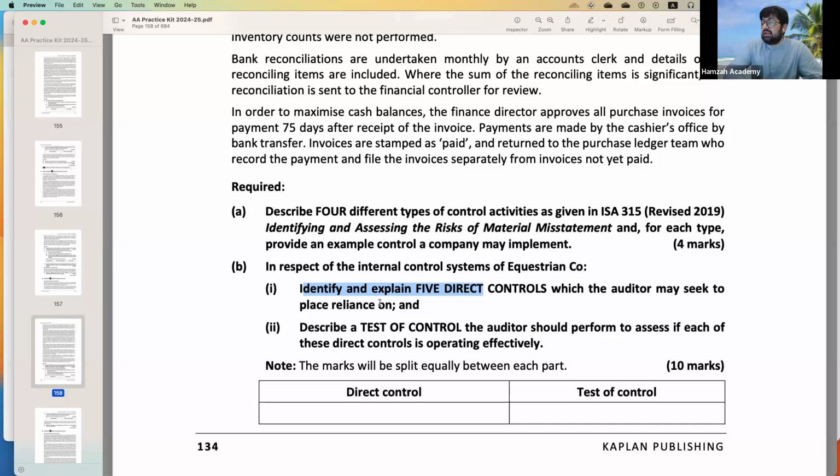And then describe a test of control the auditor should perform to assess if each of these direct controls is operating effectively.